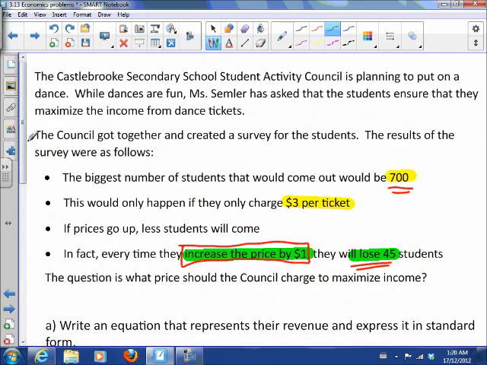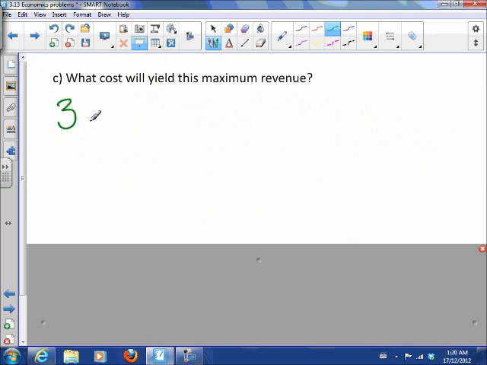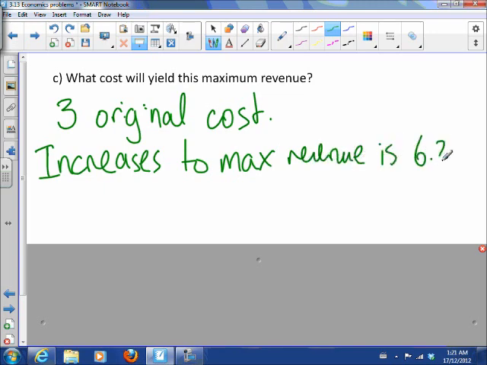Well, I want you to look back here, and we said that x is going to represent the number of $1 increases. Well, we found out that x was 6.28. So the original cost of the ticket was $3, and we're going to add on $6.28. So 3 was the original cost, and the increase to maximize revenue is $6.28.